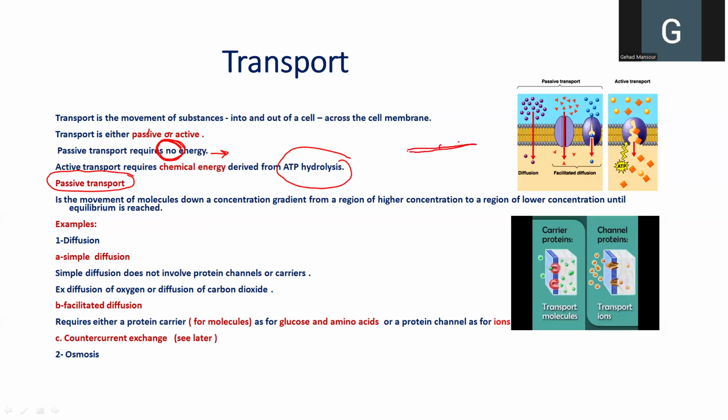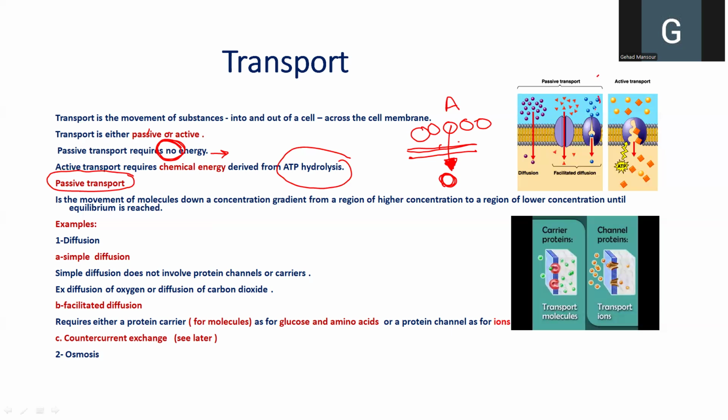So if this is the cell membrane, for example, and we have here 5 molecules of substance A and here only 1 molecule of substance A, and if substance A is capable of passing easily through the cell membrane, this is an important condition, because if it's not capable of passing easily, then we will require energy to allow it to pass.